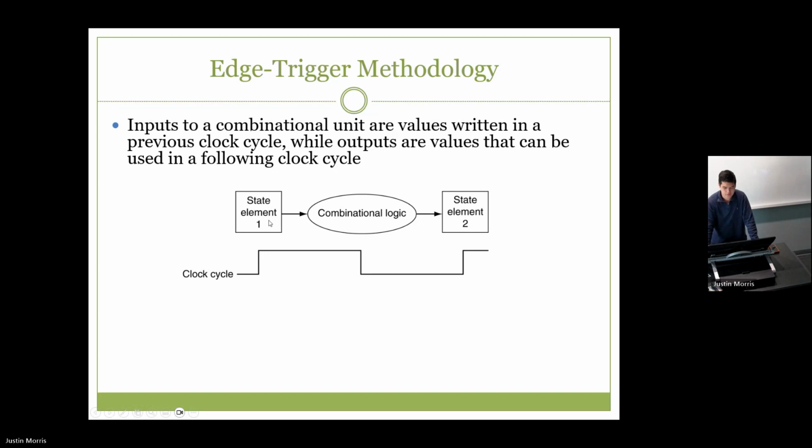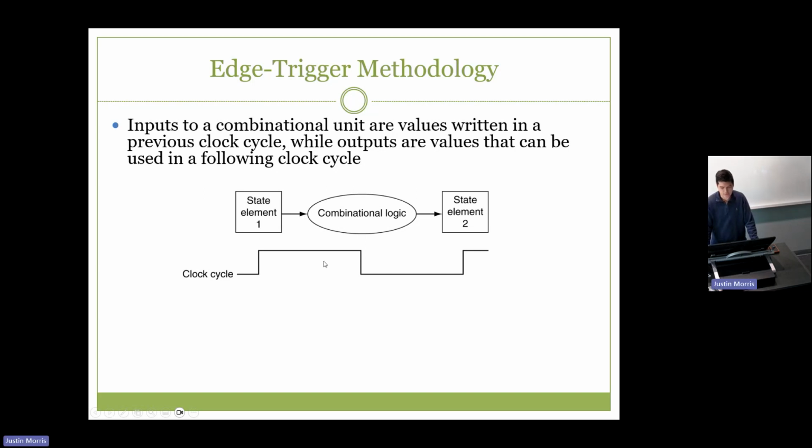Okay. So these two registers will be updated at the same time. The key is that we have to have this cycle time long enough where the outputs from this one can flow through the combinational logic and get captured properly by this register.